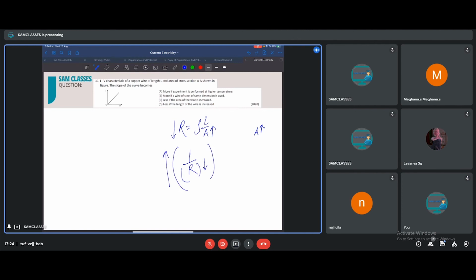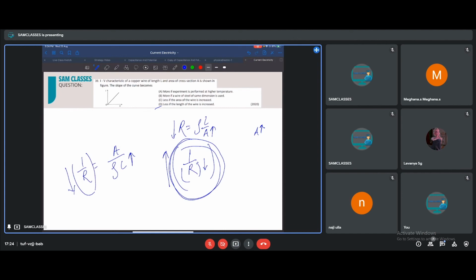So the answer should be what? Less if the length of the wire is increased. So this whole thing will be less. We are talking about 1 by R value. So 1 by R will be less if the length of the wire is increased. If I increase the length of the wire, this whole thing will become less, yes or no? Clear? So the option will be D.